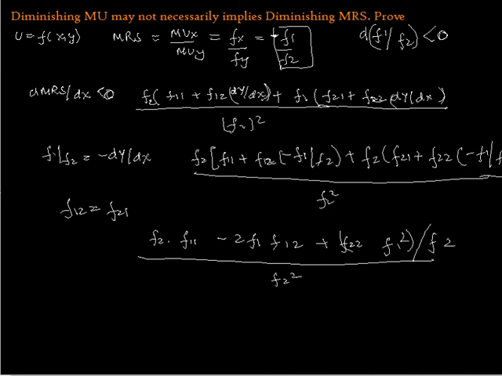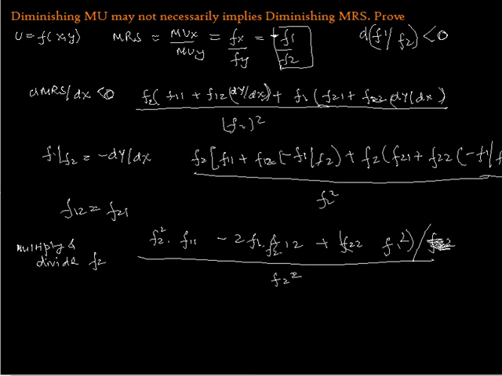Now if you multiply and divide by f2, what I'm getting is f2 square f11 minus 2 f1 into f2 into f12 plus f22 into f1 square, and the denominator becomes f2 to the power 3.